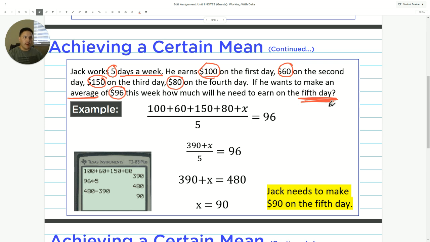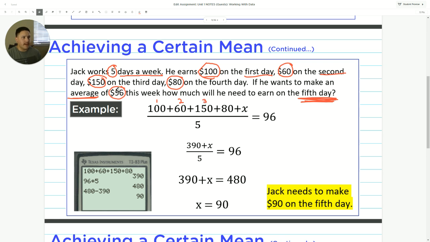Okay, so we know that Jack worked 5 days. So we know the bottom part is going to be 5. The top part is made up by how much he's made for each particular day, for each of the 5 days. So on the first day, he made 100. On the second day, he made 60.